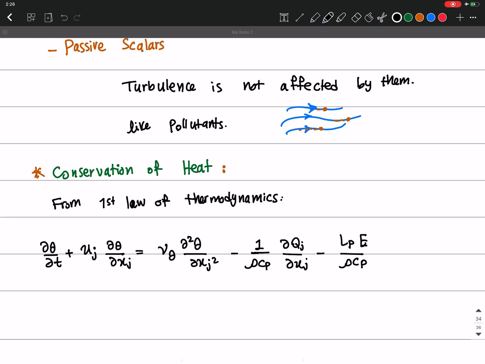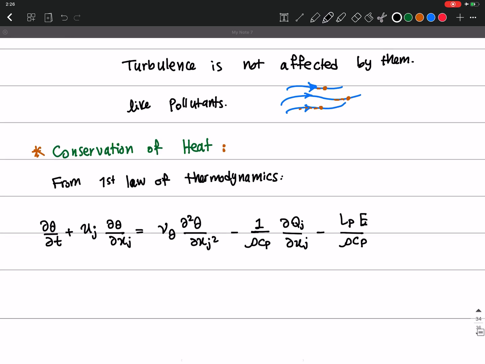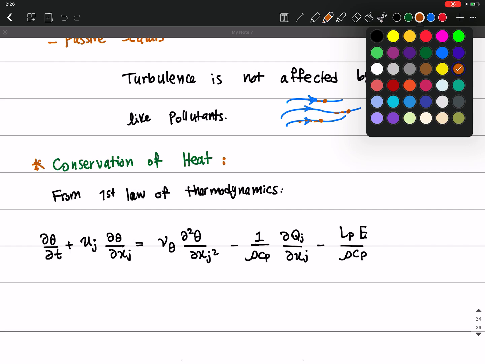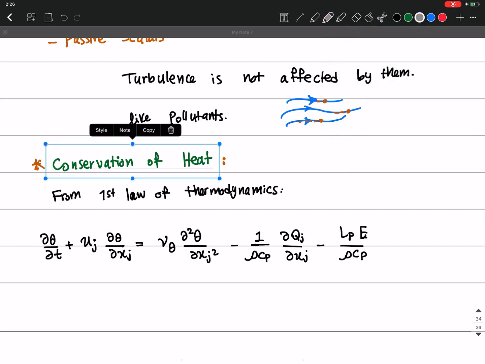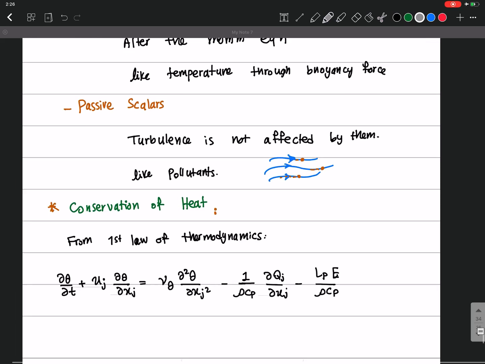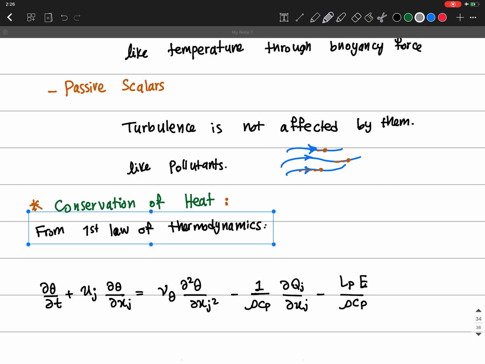Okay, so let's go through each of these terms and what they mean. First, this term is thermal diffusivity.